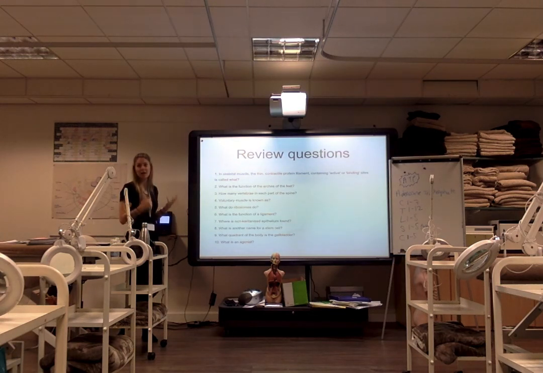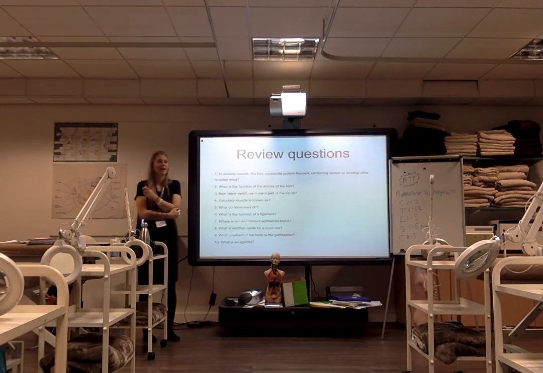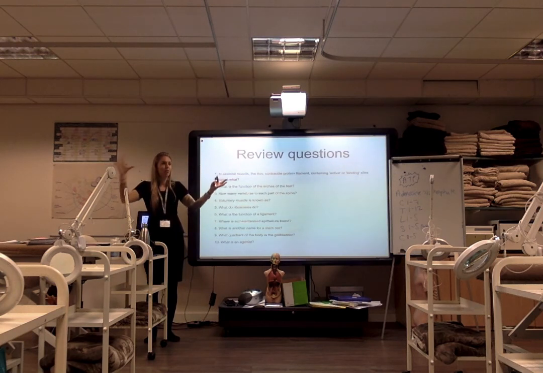What is a mesenchymal stem cell? You told me last week, it's something that all connective tissue cells have in common. Connective tissue is such a broad category, and the mesenchymal stem cell is where all connective tissues start.